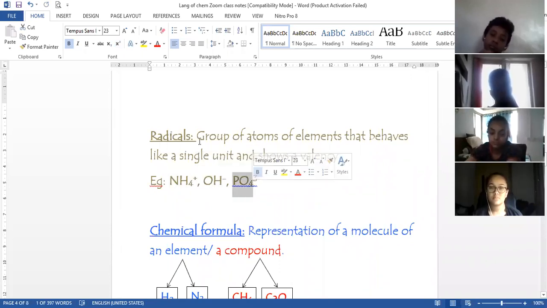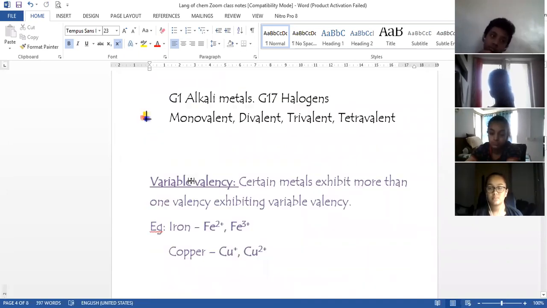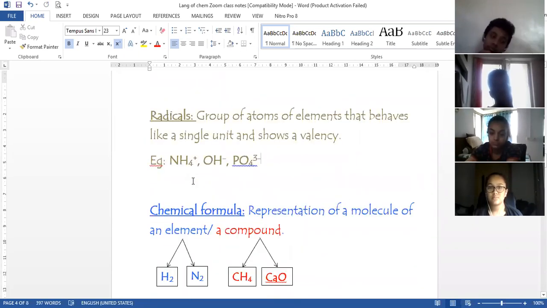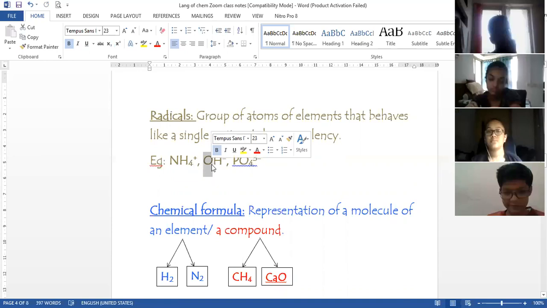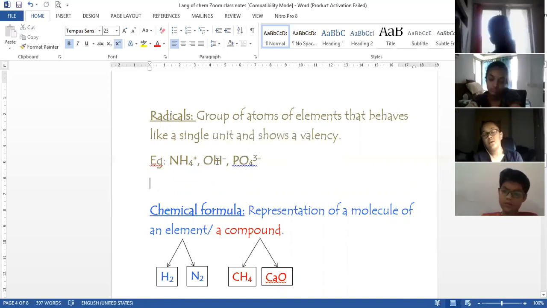Okay, so what is a radical? A radical, unlike the ions which are formed from single atoms, has more than one atom present in it. So if you see ammonium, you have an atom of nitrogen, and you can see that there are 4 atoms of hydrogen. Similarly, if you look into hydroxide, there is 1 atom of oxygen, and then we have 1 atom of hydrogen.